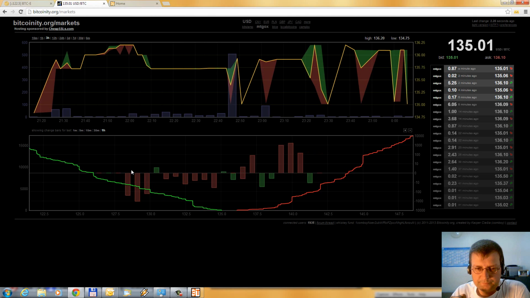So what are these bars all about? Well, as I mentioned before, the red ones are for making the price go down, and these green ones will make the price go up. Okay, so let's think about what will make the price go down.